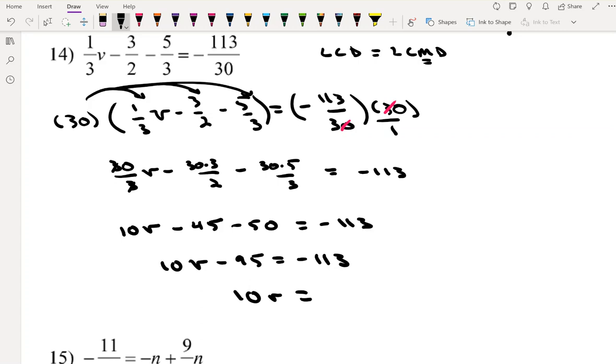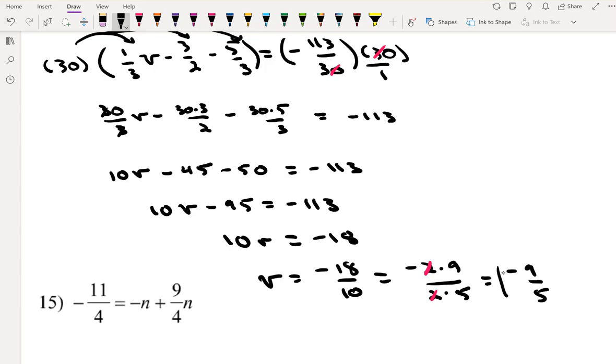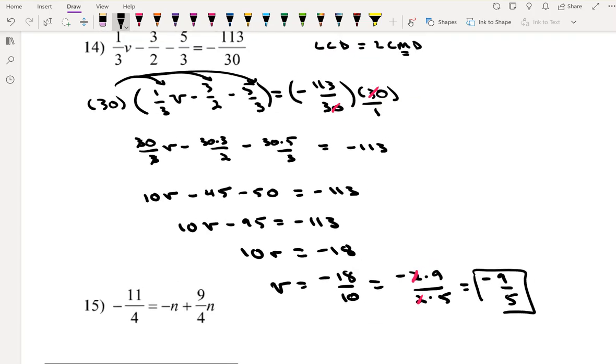So that's negative 18. And our answer should be v is equal to negative 18 over 10. And if you've never seen it before, you could do negative 2 times 9 over 2 times 5. These two numbers cancel. A lot of kids haven't seen that yet. And that just reduces to negative 9/5. So that should be your answer right there.